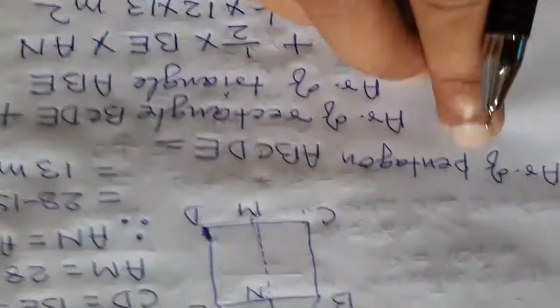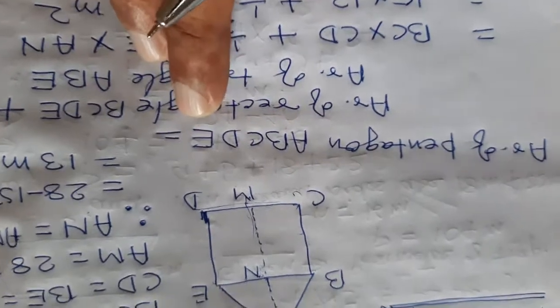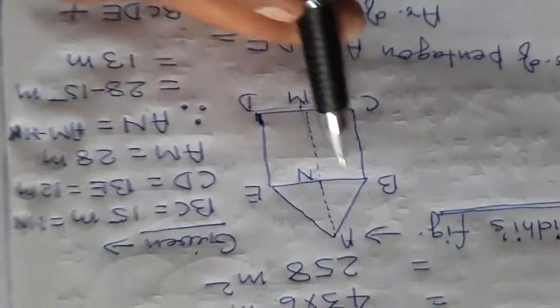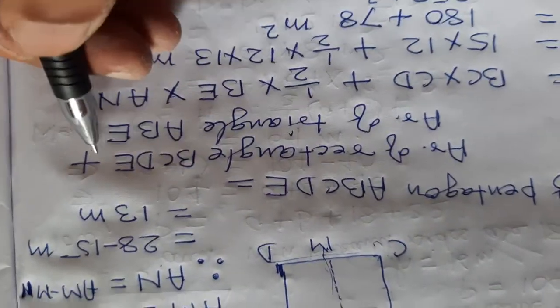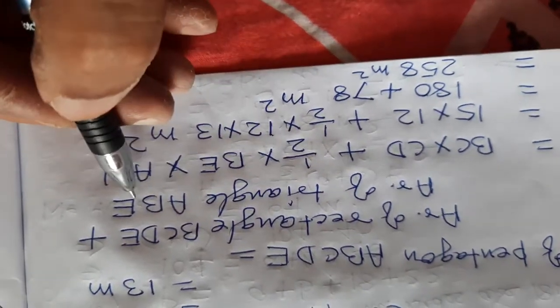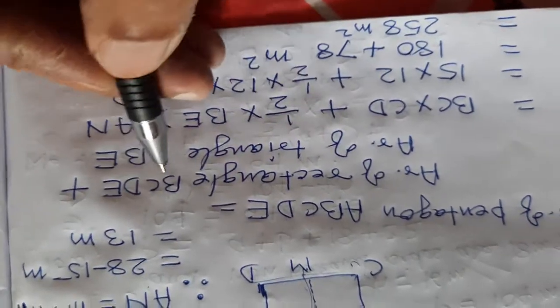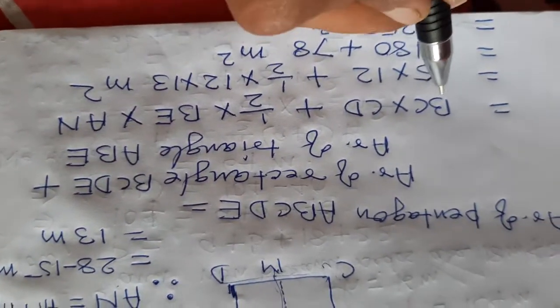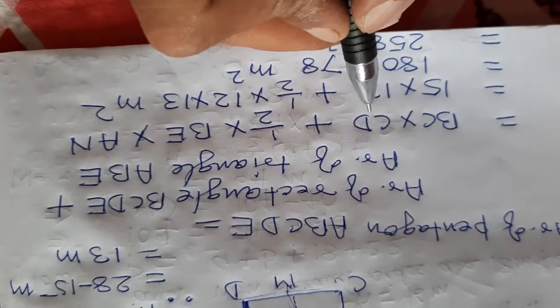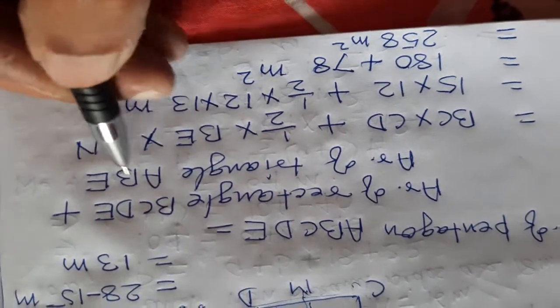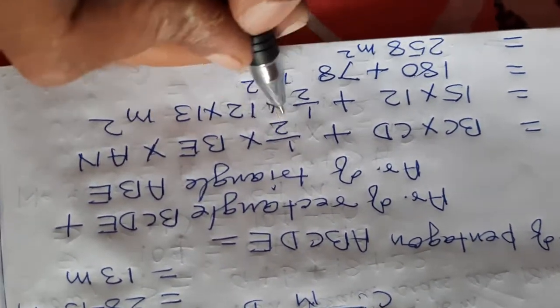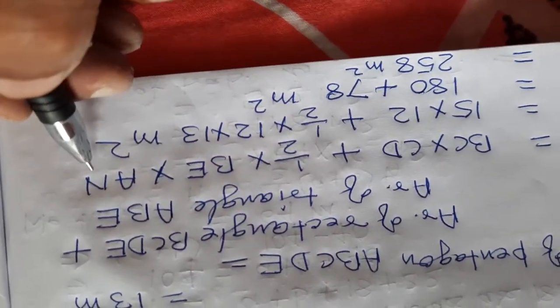So now the area of pentagon ABCDE is equal to the area of this rectangle plus the area of this triangle. Area of rectangle BCDE is equal to BC into CD, length into breadth, plus area of triangle ABE, 1 by 2 base into altitude, 1 by 2 into BE into AN.